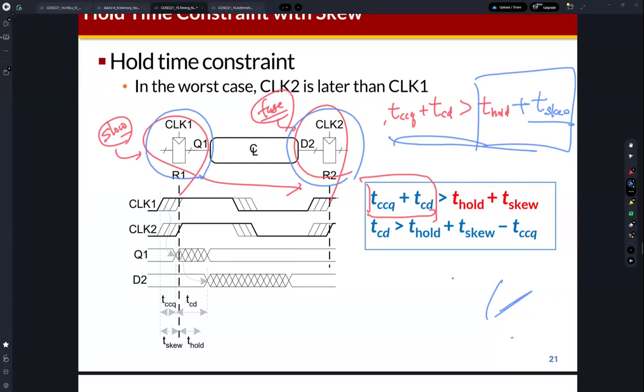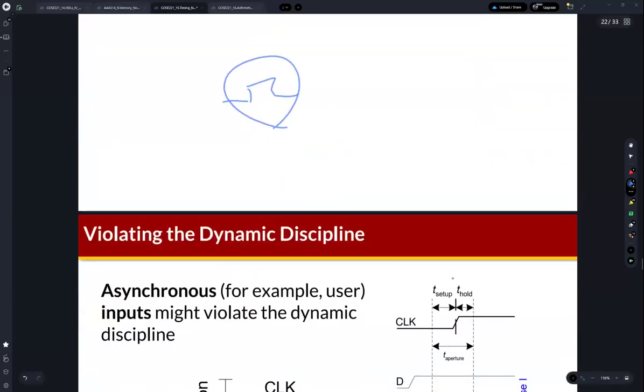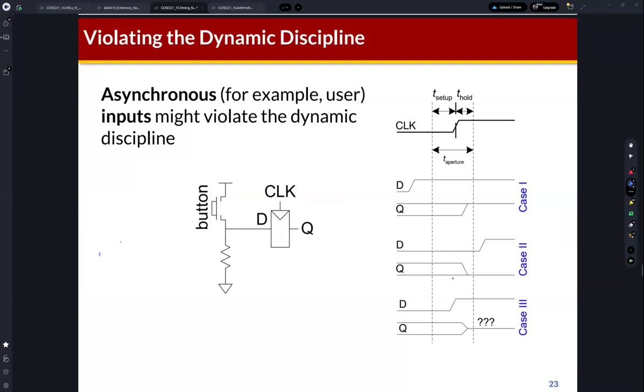Also, in order to keep the hold time constraint, we can add more logic to increase the delay. We can control the timing of our system, but the outside signal, we cannot control. We cannot control the timing of this outside signal, right? Then how can you avoid the setup time violation or hold time violation?